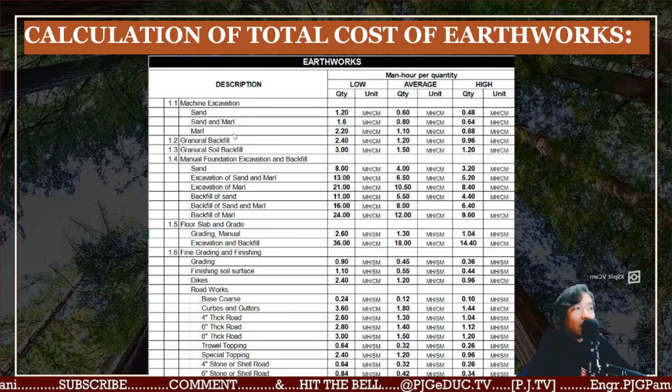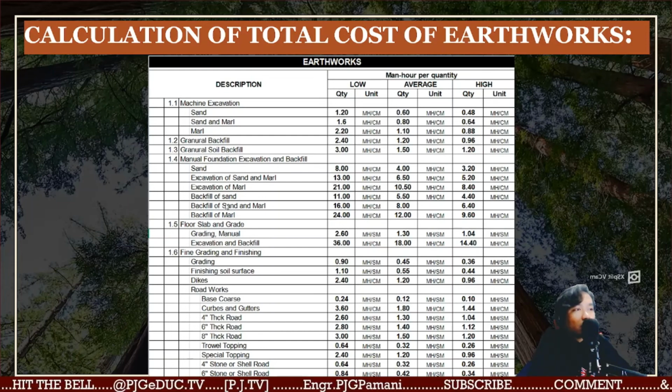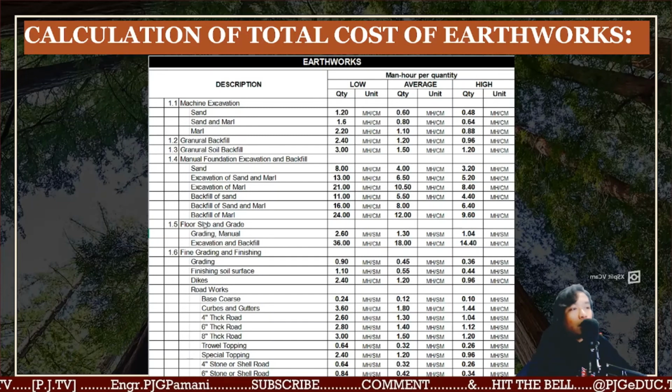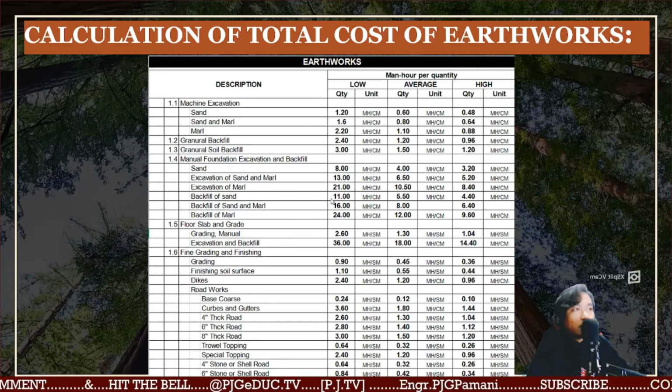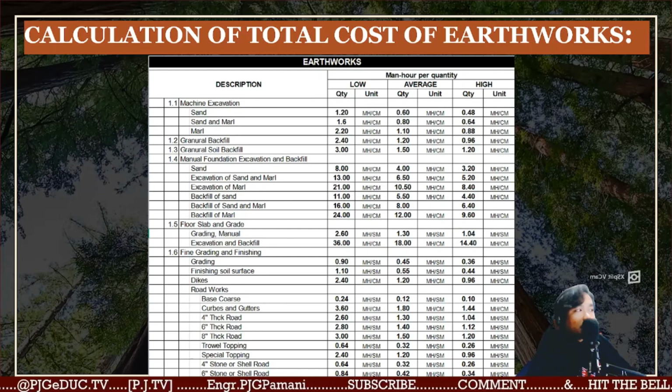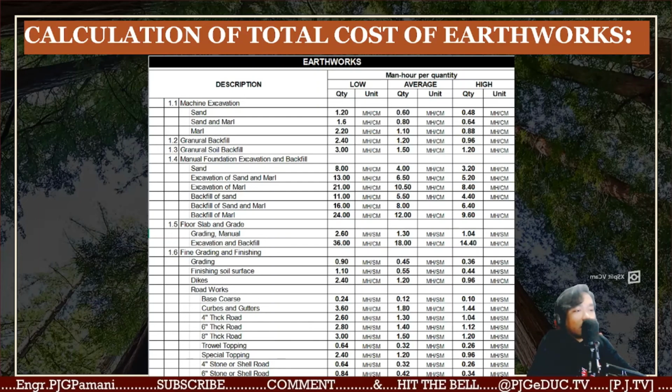Kung kailangan ng hauling or ng earthworks sa sand, marl, granular backfill, soil backfill, manual foundation para sa foundation, para sa slab on grade, grading and finishing, roadworks, and so forth. But iba pa po yan. Hindi lang soil ang earthworks natin. Okay? Based on the construction specifications pa yung iba. Saka yung materials pa yan.